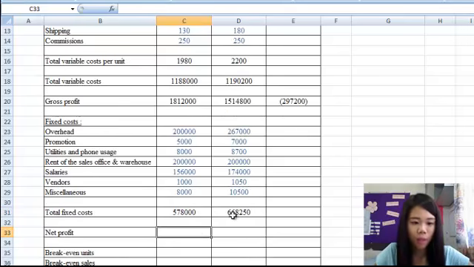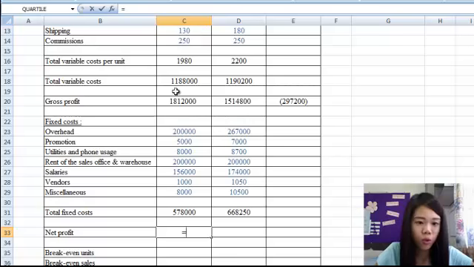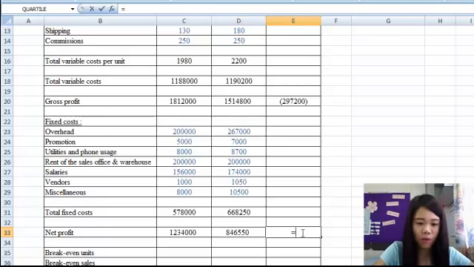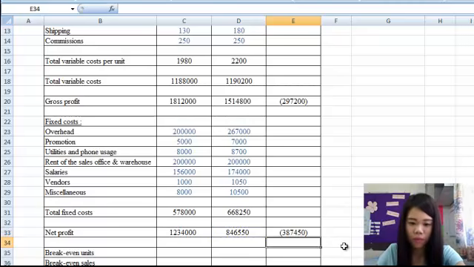To calculate the net profit, we use gross profit minus the total fixed cost, and we drag the cell to calculate the actual net profit. Now we calculate the variance of budgeted net profit and actual net profit. So this will be the variance net profit.